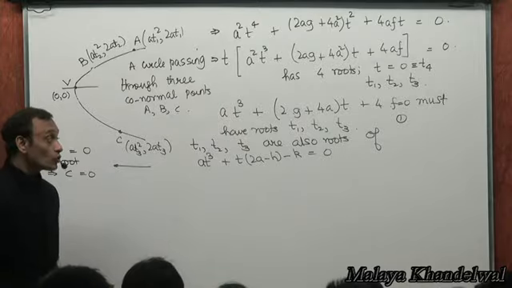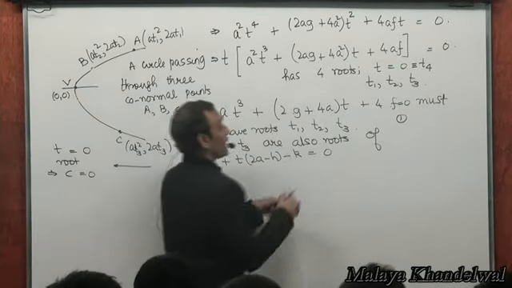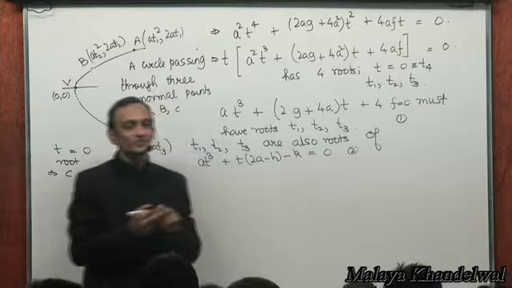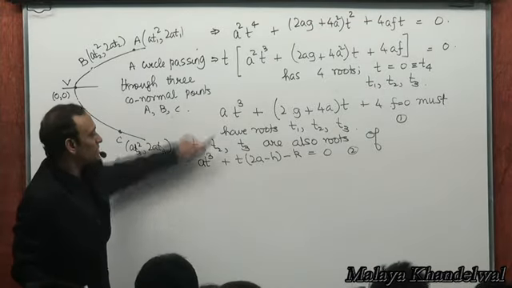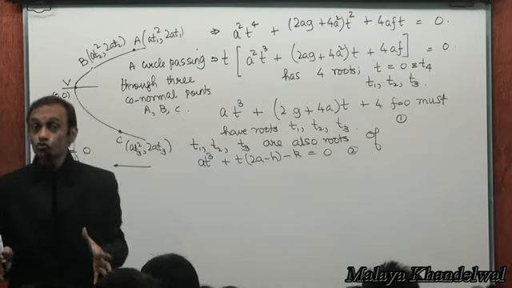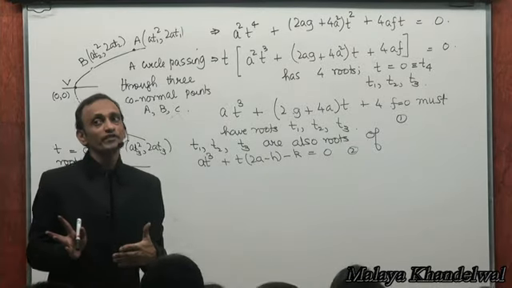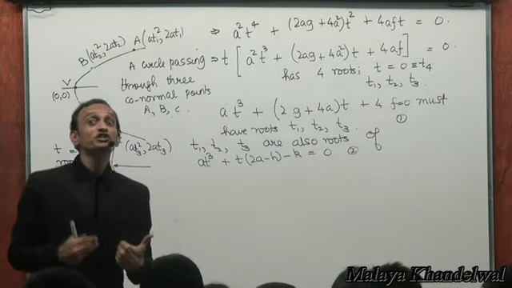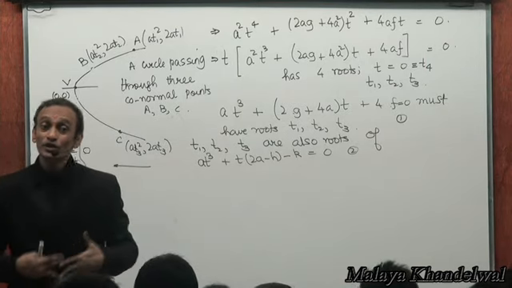Isn't it? That means this equation and this equation have identical roots. If two polynomials have identical roots, then their coefficients must be proportional.